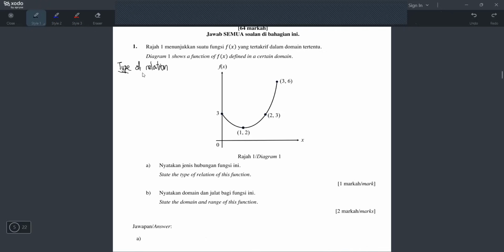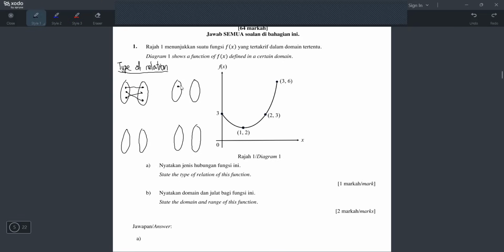There are four types. Do you remember? The first type of relation, we call it one-to-one. Then the second type, the third type, and the fourth type. I will draw them in arrow diagrams so that later I can explain using a graph. The first one is like this: one object, one image, one object, one image, one object, one image.